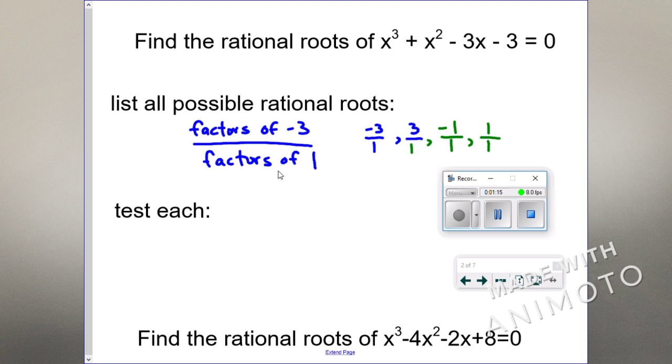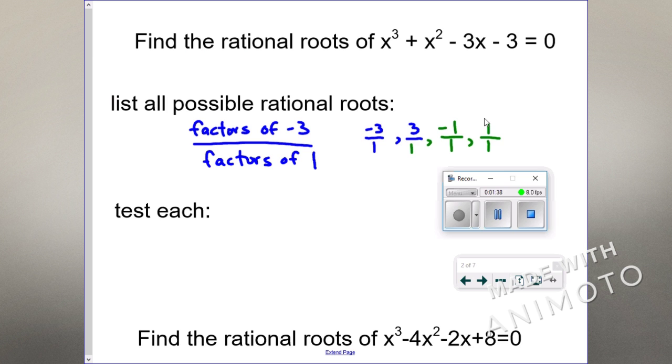And our factors of 1 are 1 times 1 or -1 times -1. I could have rewritten all of these with -1 on the bottom too, but you'll see that it's just going to end up being these exact same values. So basically, our possible rational roots are -3, +3, -1, and +1.